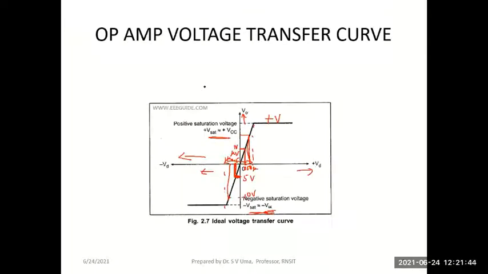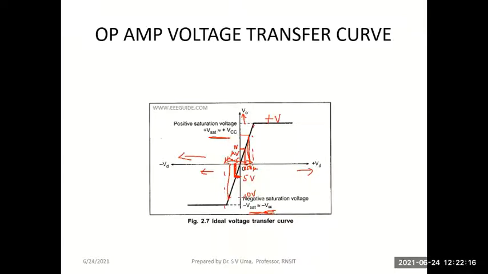The voltage transfer curve is shown like this. What's the meaning of transfer curve? It is the plot of output voltage versus differential input voltage. As you can see, for a very small change in differential input voltage, the output voltage changes by a large amount. So there is a sudden, let's say, high slope in the region surrounding the origin.